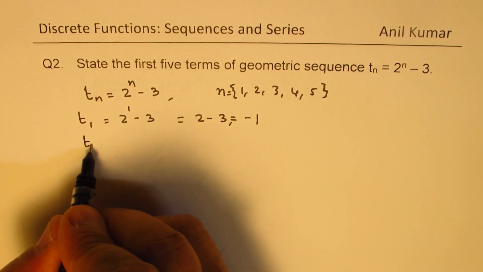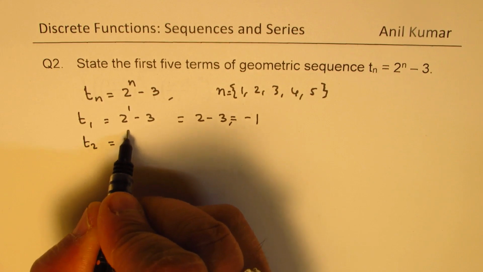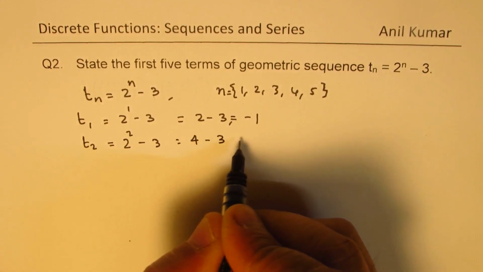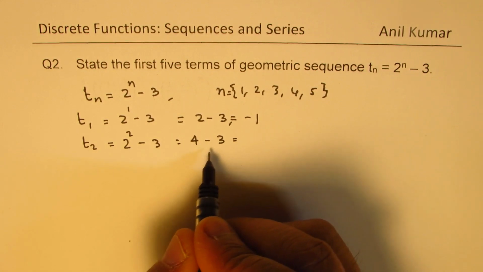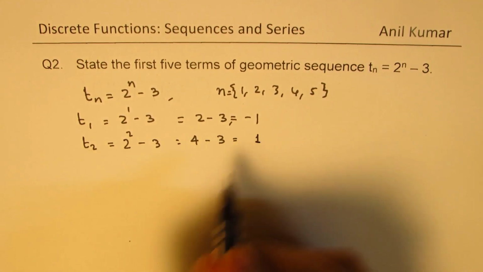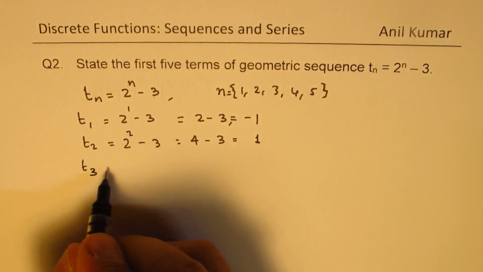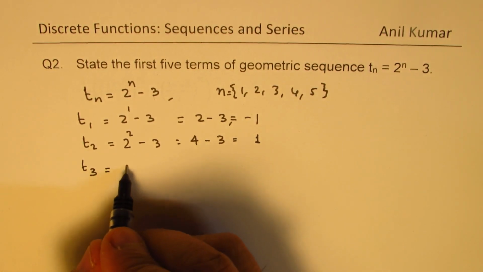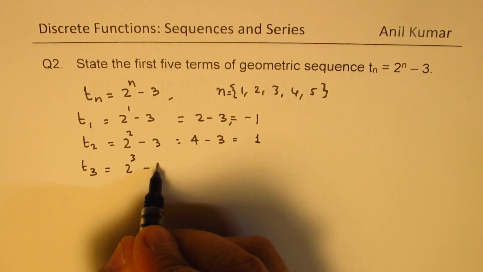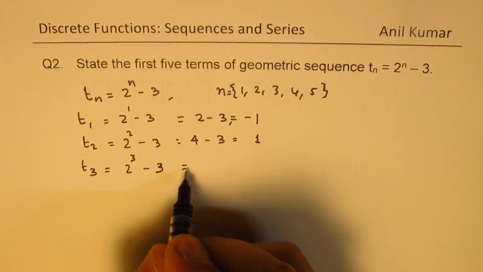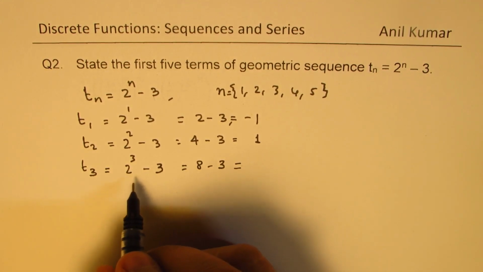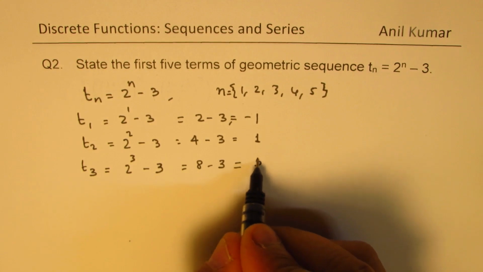T2 will be 2 to the power of 2 minus 3, which is 4 minus 3, that is 1. Now T3 will be 2 to the power of 3 minus 3, which is 8 minus 3, and that is equal to 5.